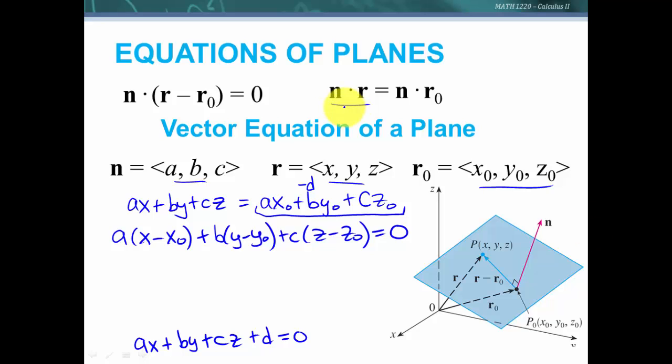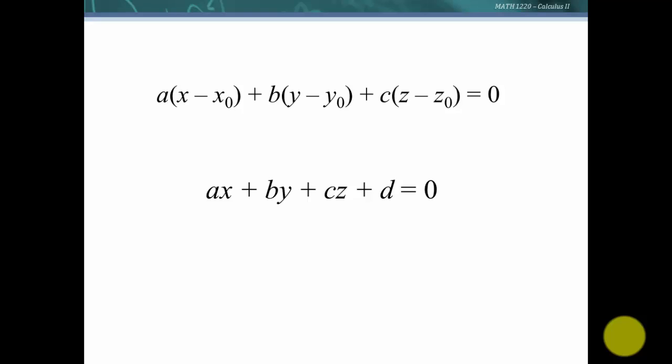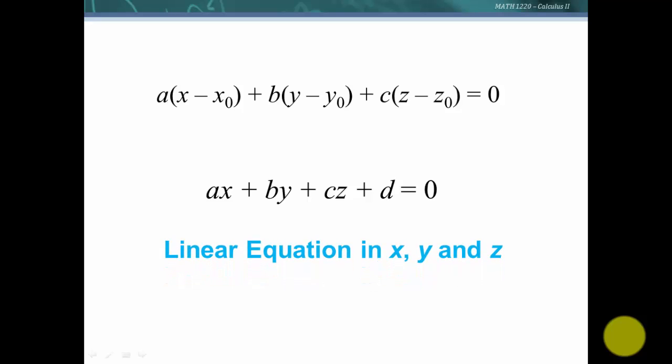We got our vector equation. Here we have it in terms of the various components. If we're given a point on the plane, that's our x naught, y naught, z naught, and the a, b, and c are the coordinates of the normal vector. If we look at either of these equations for a plane that we came up with, we could call this the linear equation in x, y, and z.